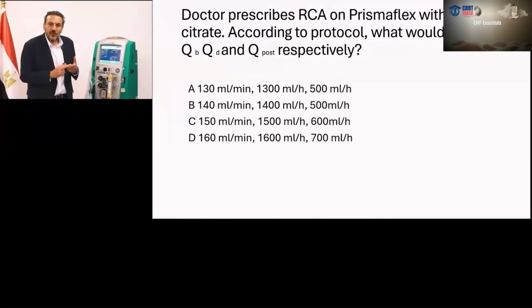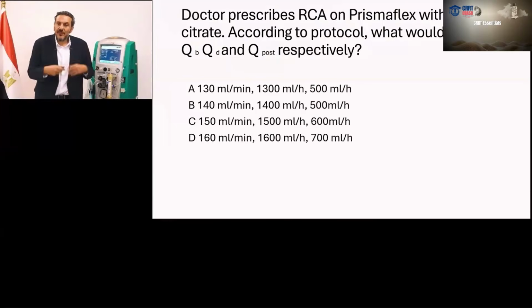B, 140 ml blood pump, 1.4 dialysate, 500 replacement. C, 150 ml per minute blood pump, 1.5 liter dialysate, and 600 ml post. D, 150 ml per minute blood pump, 1.6 liters of dialysate, and 700 post.